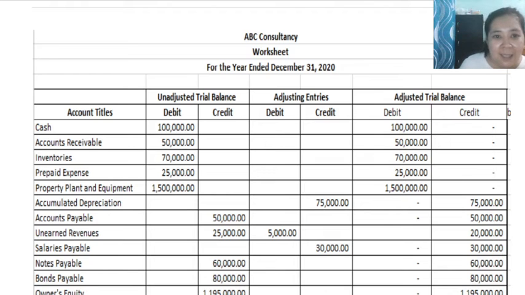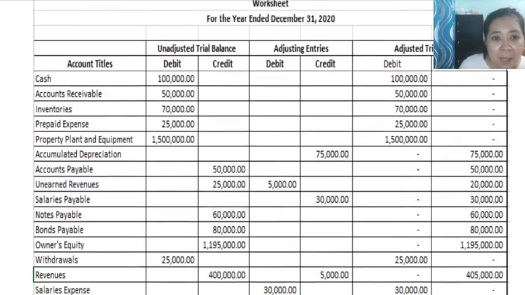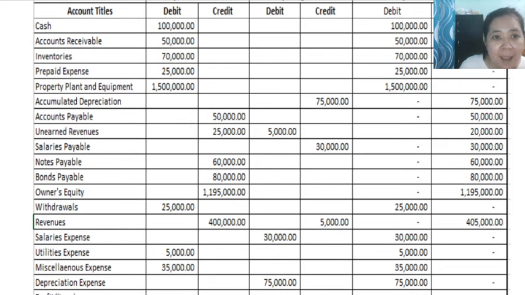Next, for our salaries payable, we don't have entries for that under the unadjusted trial balance, but we have it in our adjusting entries. So just follow its placement on the credit side for our adjusted trial balance.